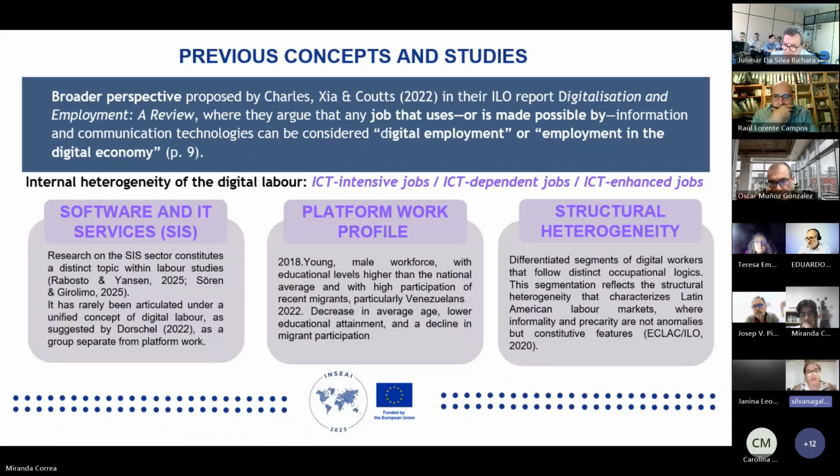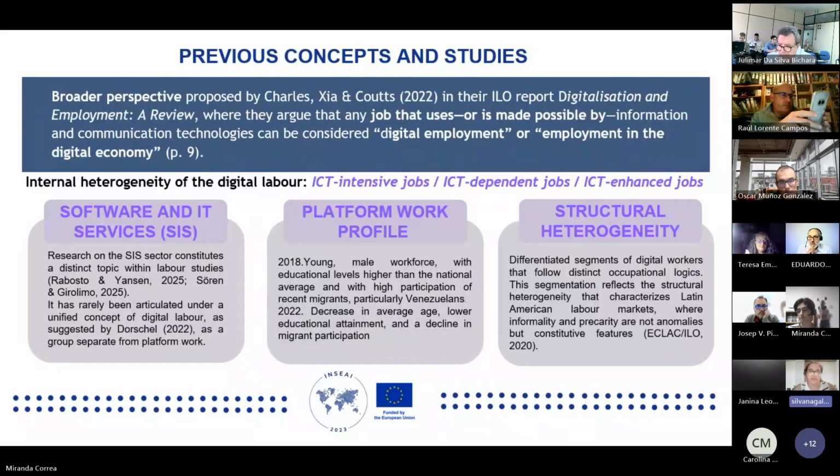Regarding empirical studies, we would like to highlight three aspects. One is about the software and IT service sector. Research on the ICT sector constitutes a distinct topic within labor studies. It has rarely been articulated under a unified concept of digital labor, such as by authors like Dosho, and as a group separate from platform work. The second point is the platform work profile in Argentina.